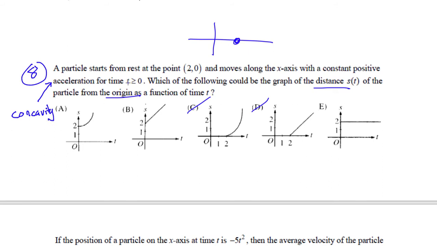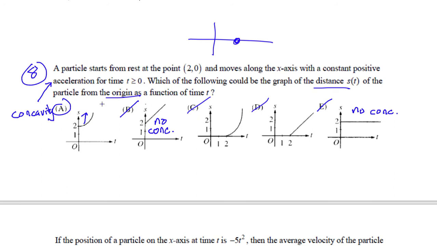So if it's always concave up, then I should be looking for concave up. That's clearly concave up, so it could be A. That is not concave up nor concave down, so this is no concavity. And E similarly has no concavity. So the only answer is A.